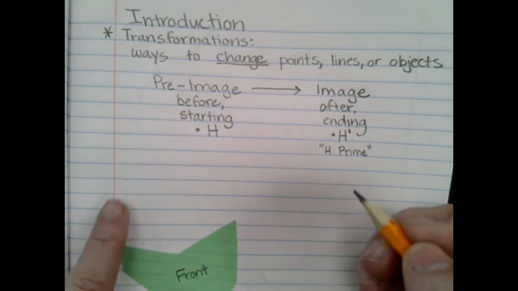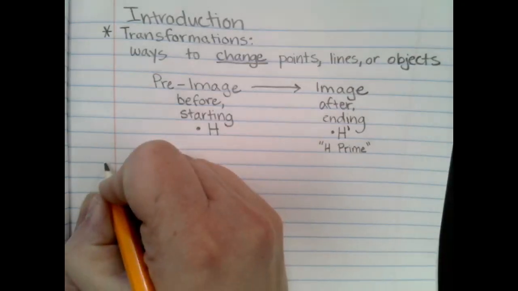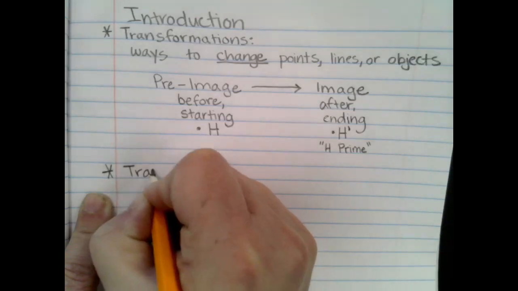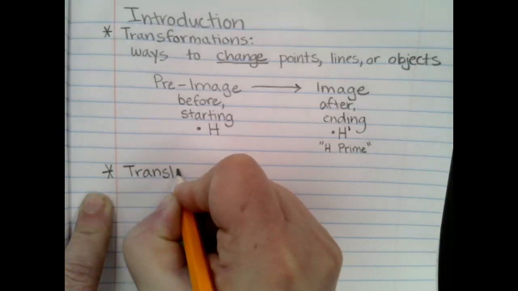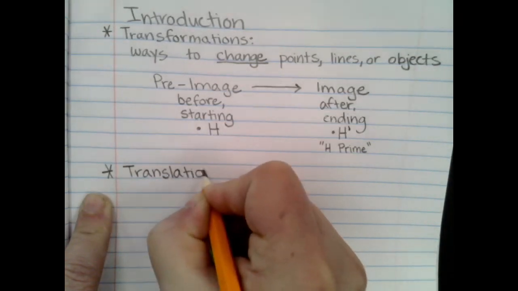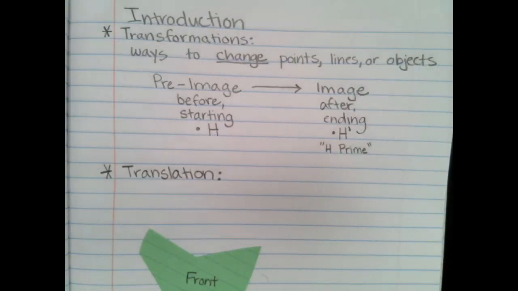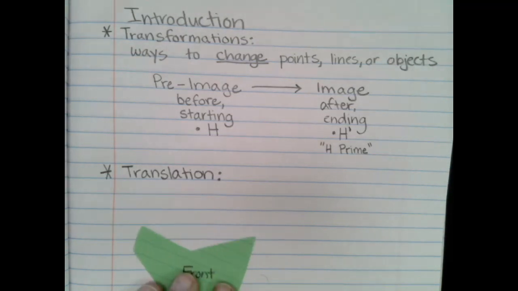All right, we're going to start with a translation. So we have 4 that we're going to learn today. First one is translation, and this is going to go in the order that we're going to learn them when we do our notes. So to translate something, all of us have worked with a translator at some point probably in our life.